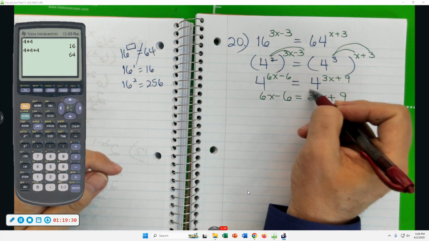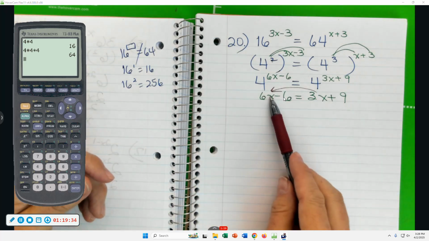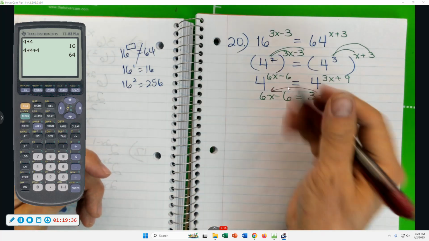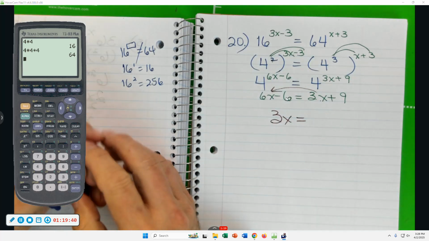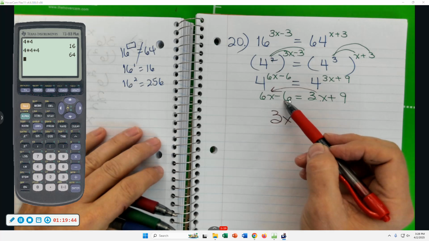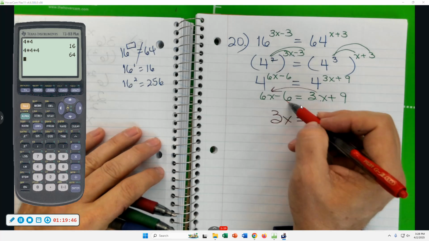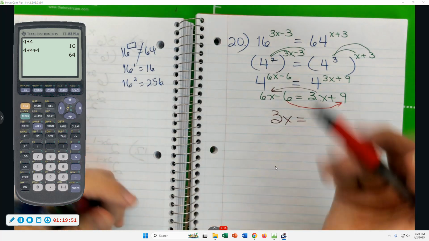I'd subtract 3x from both sides. 6x minus 3x gives me a 3x equals, how about adding 6? What's that going to give us? 15.